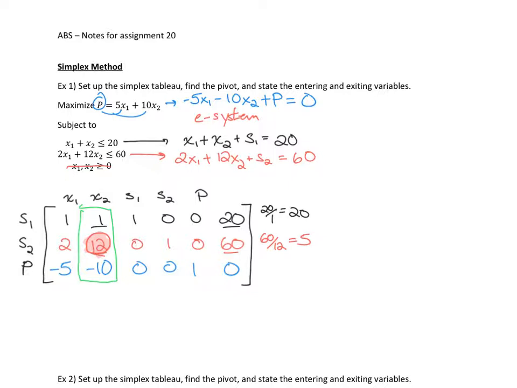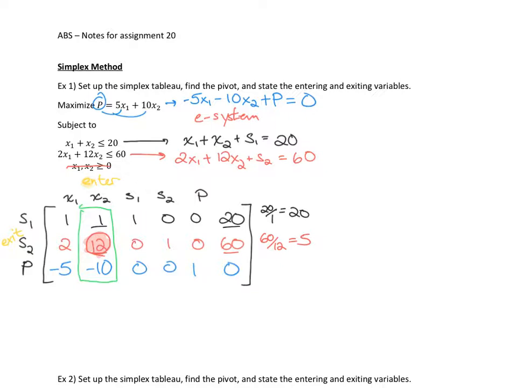All right, so the last bit of information that you would need here is the entering and exiting variables. The entering variable is always going to be the one up here. And the exiting variable will be off to the left. S sub 2 would be exiting.